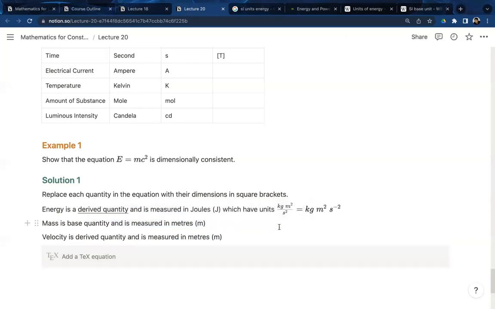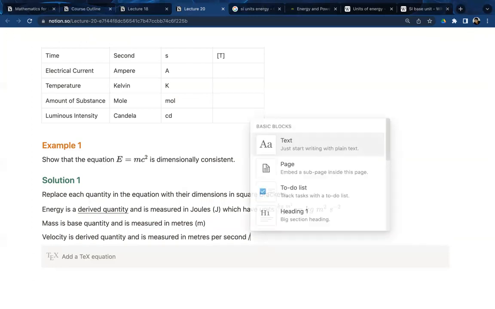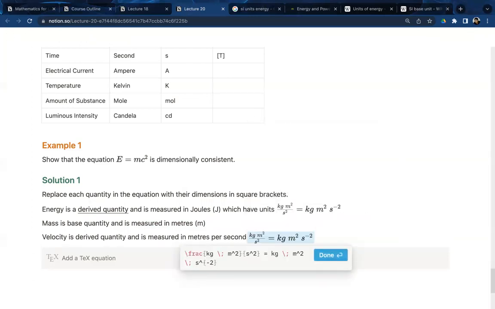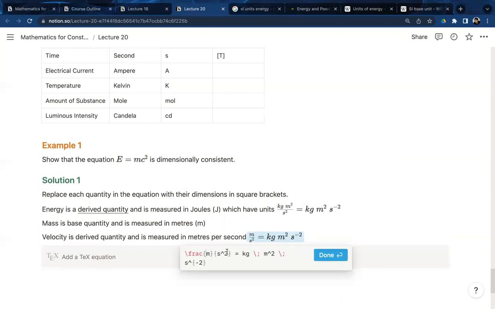Velocity is distance per unit time, meters per second. So you write a fraction, m over s, but it's much better to write it like this, m s to the minus 1.